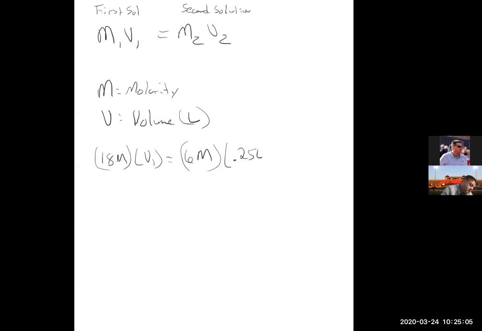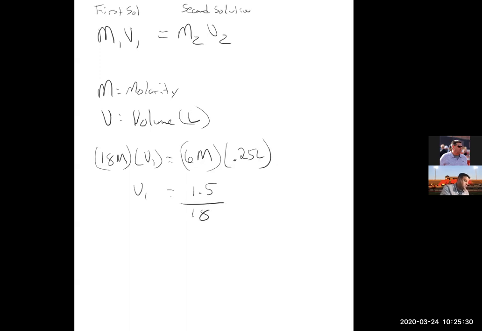0.25 liters. Now all I'm doing is solving for V1, so I'm going to multiply 6 times 0.25, which is going to equal 1.5. And then over here, I have V1 and I have 18, so I have to divide both sides by 18.